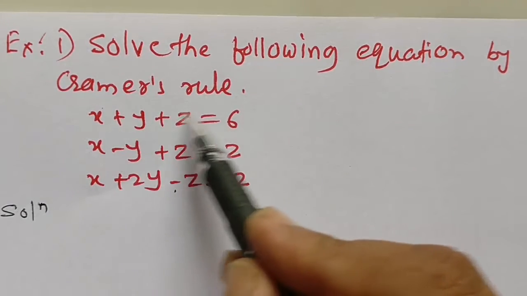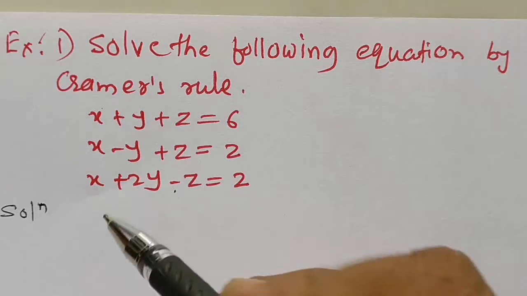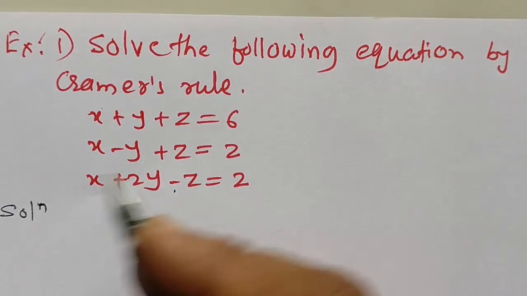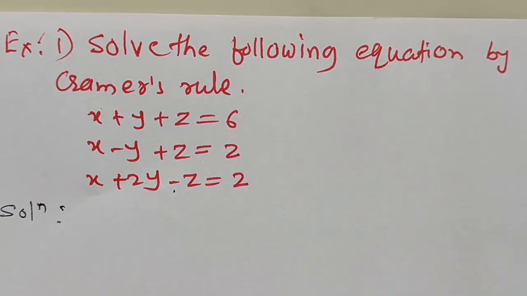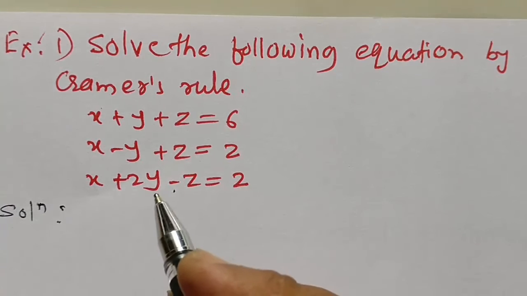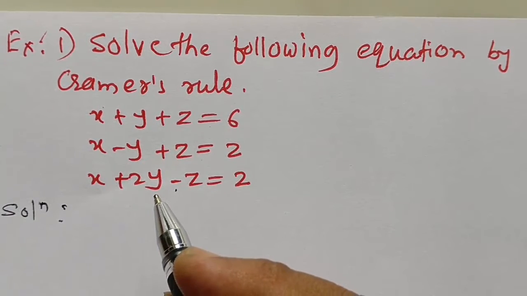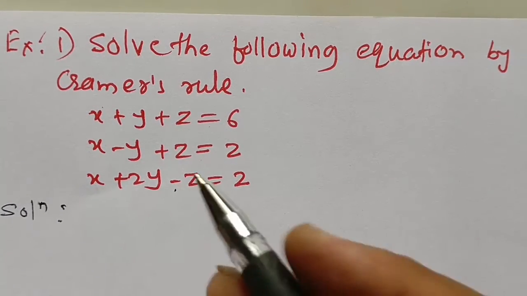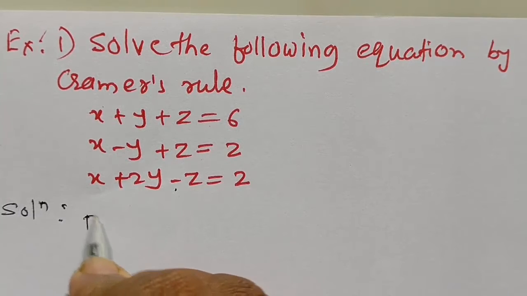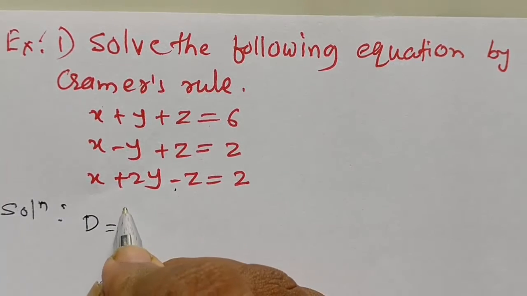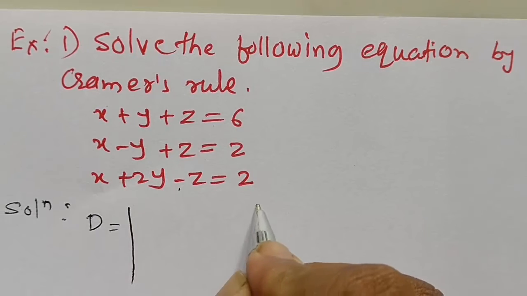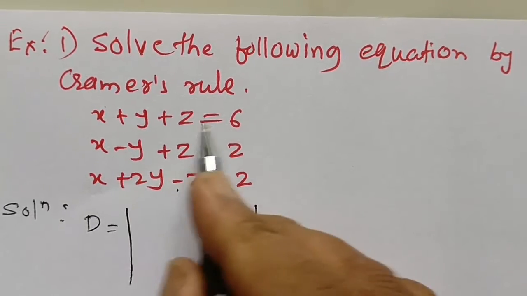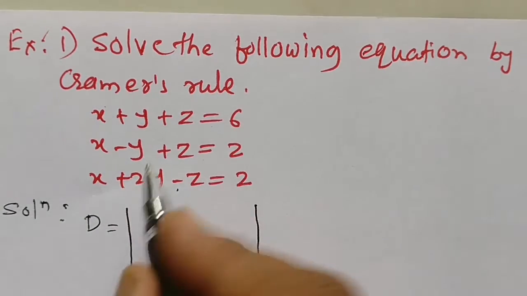Here 3 equations are given, and now we shall solve this by using Cramer's rule. We first find the determinant. For determinant, first determinant D, it is obtained by taking the coefficients of x, y, z in these equations.